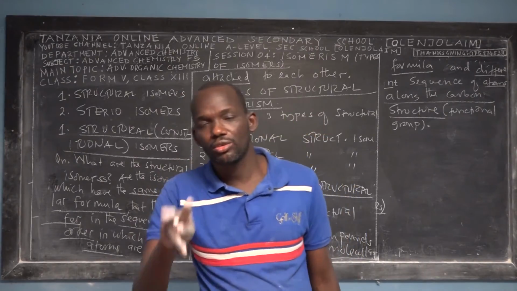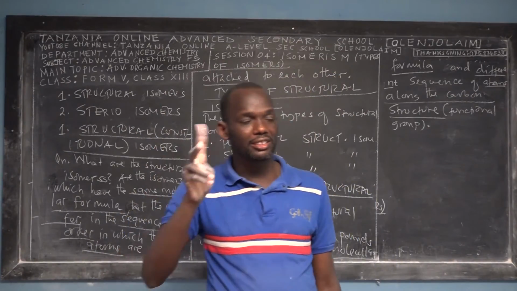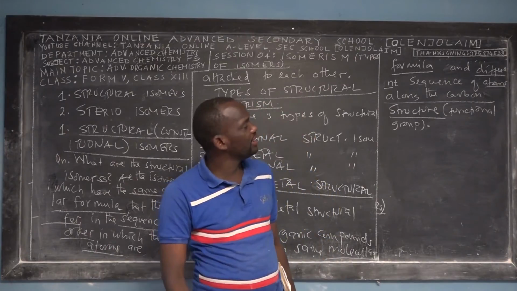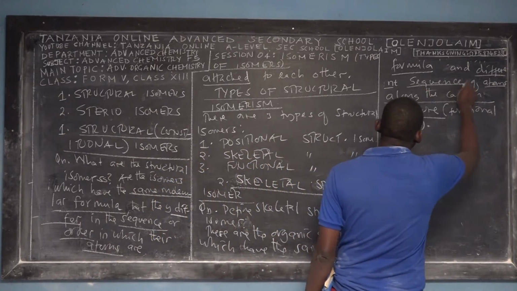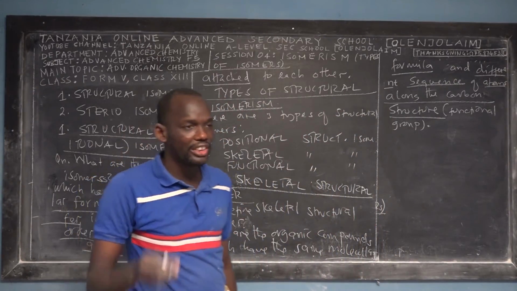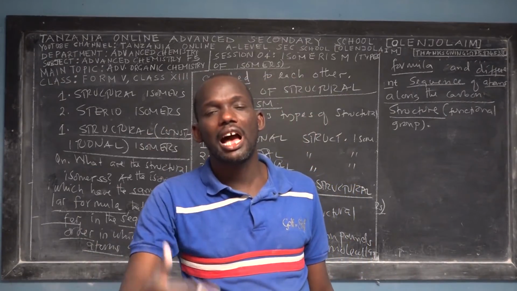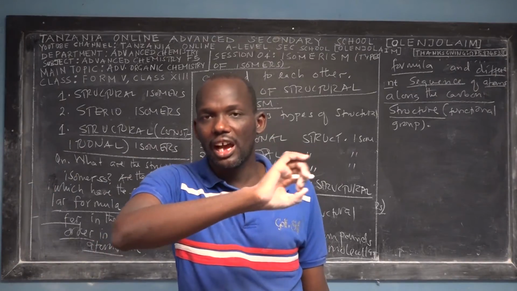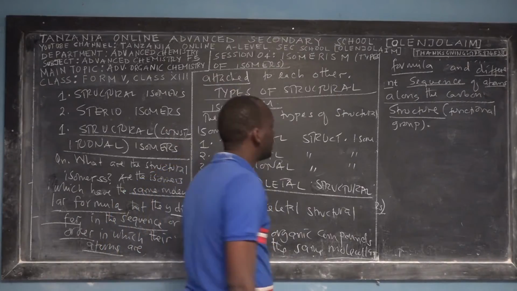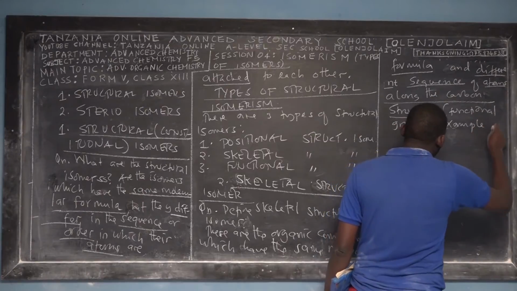It means we can have two compounds, called skeletal isomers, with the same number of carbons and the same number of hydrogens, but they differ in the arrangement of the atoms along the carbon structure, along the open chain, so along the functional group. Let me give you some examples of skeletal isomers.